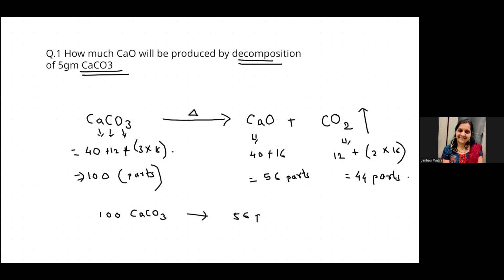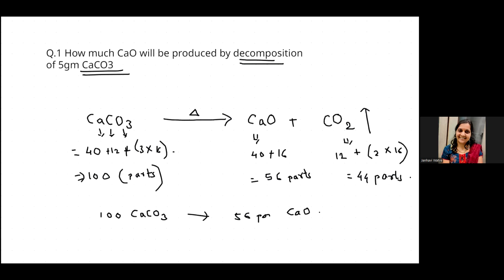of CaO, that is calcium oxide. And you have asked about 5 gram of calcium carbonate in your question. So if 100 parts calcium carbonate gives 56 parts of calcium oxide, then what about 5 grams of CaCO3? Question mark. I will solve it here: 56 into 5 divided by 100.